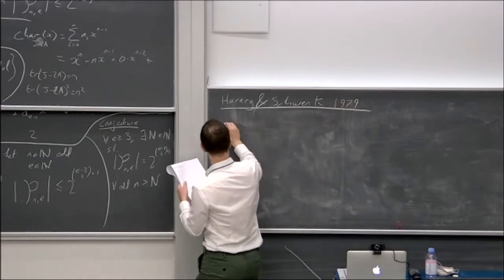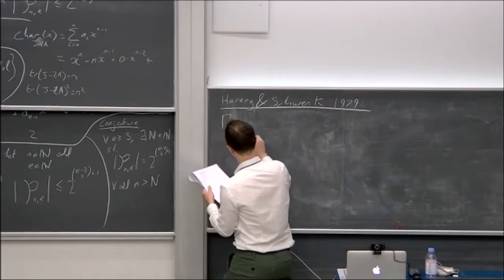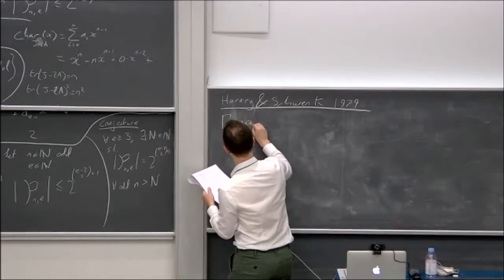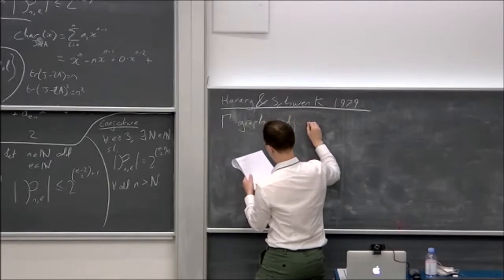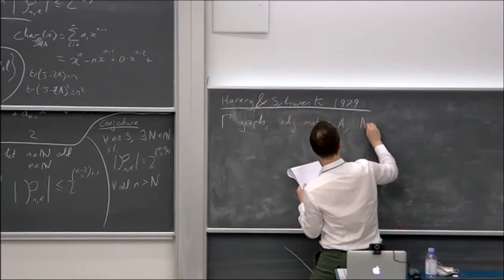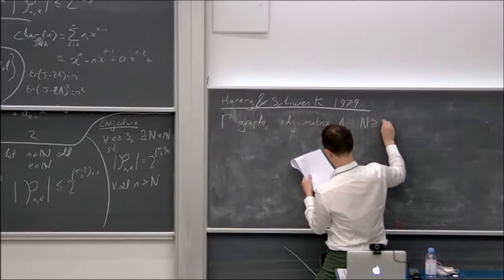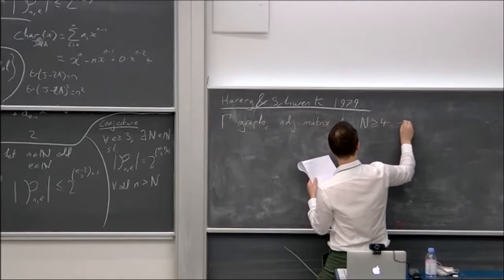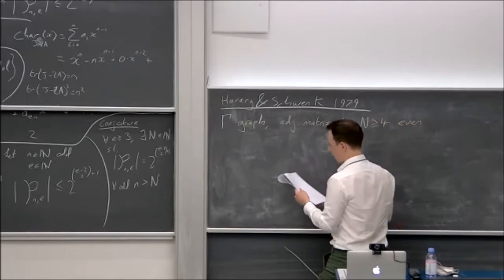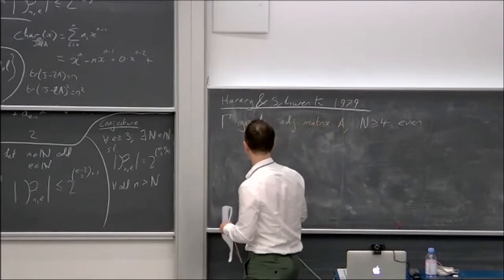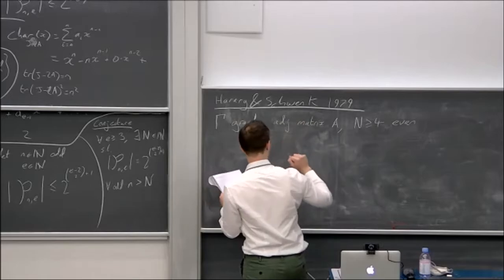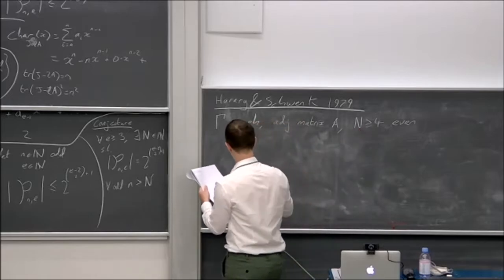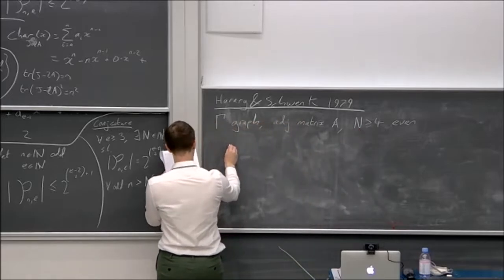And the result that we needed was that if gamma is some graph, and the adjacency matrix we'll call A as usual, and we'll fix capital N to be some even integer at least 4, then we have the following congruence.